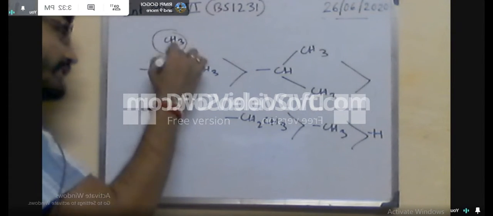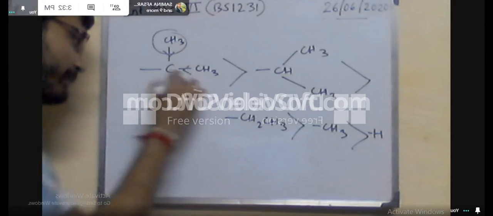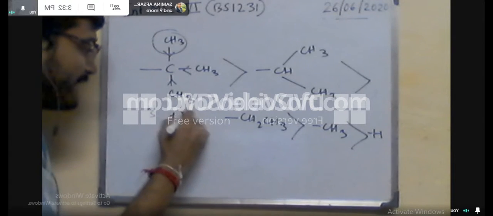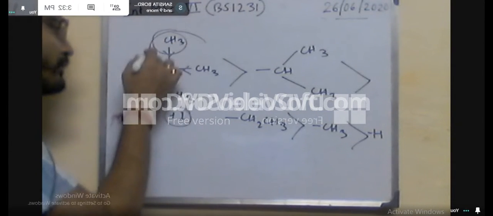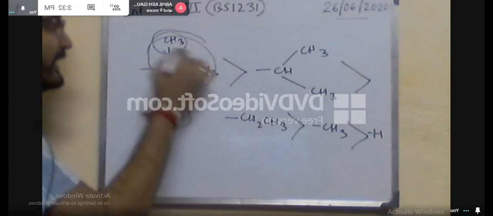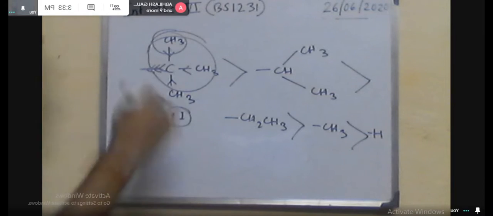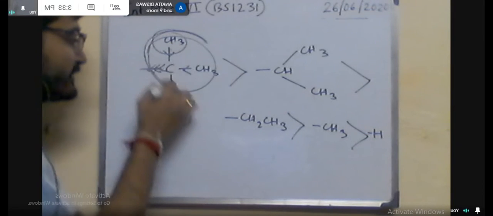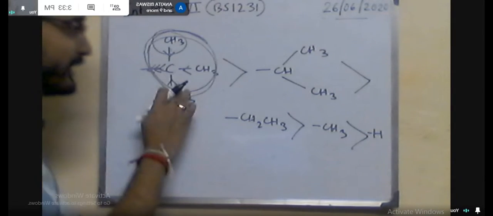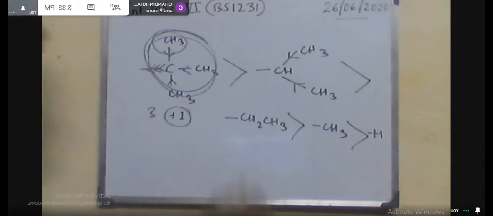So during the migration in the Baeyer-Villiger oxidation, those groups will be migrated which have higher electron density. So that means if some electron deficient group or electron withdrawing group is attached to any of the residues, that group will not be migrated due to the electron deficiency of that migratory sigma bond.